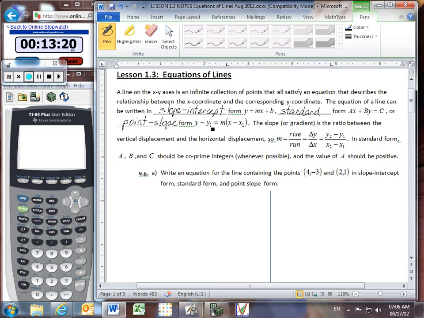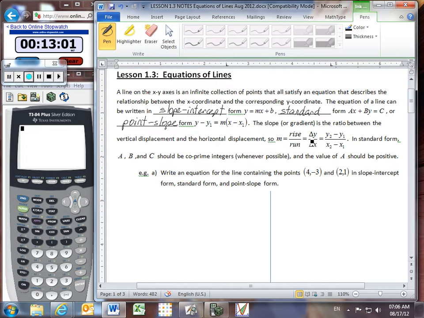The slope, otherwise known as the gradient, is the ratio between the vertical displacement and the horizontal displacement. We know this as rise over run. You can also think of this as delta y over delta x, where the delta triangular symbol means the change in.